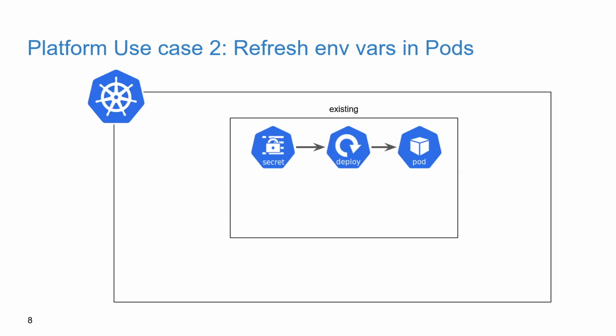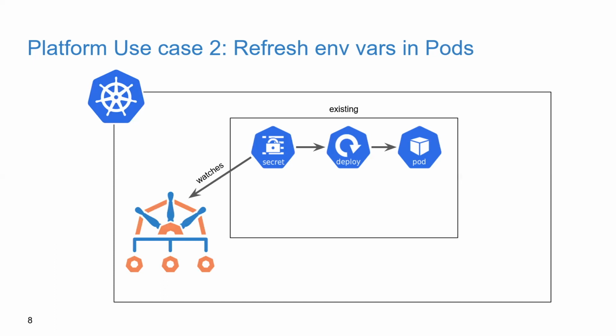So in any case, what we want to see here is we have a secret that's being consumed in a deployment, and obviously that deployment is spawning pods. Now, I'm not showing a replica set here. We understand that that is an intermediary controller, but that the deployment is responsible for pods, and those pods are getting a secret. Now, Kyverno is going to watch that specific secret for any changes that may occur.